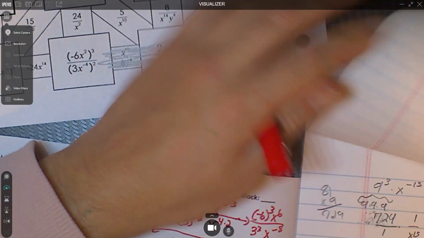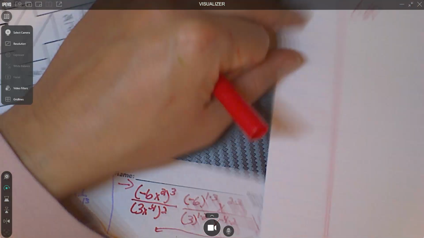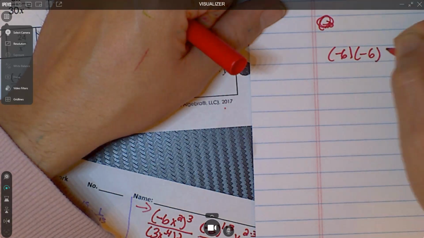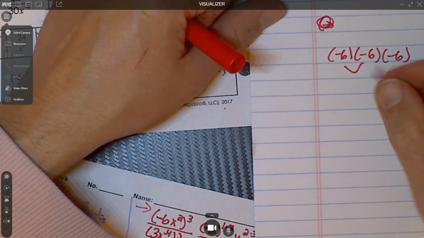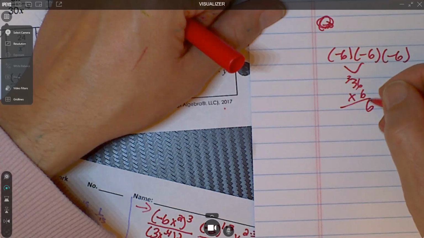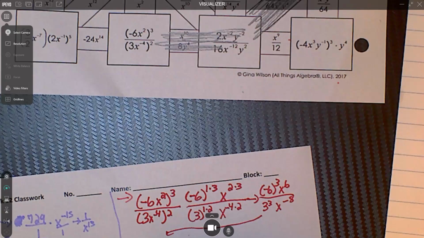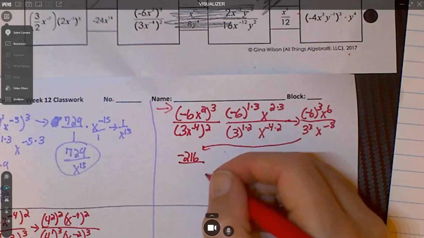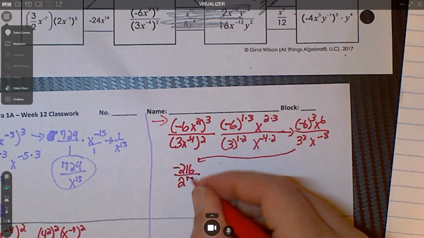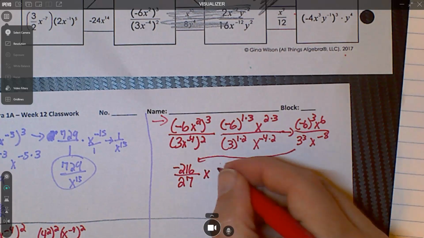Okay, -6. Okay, -6 times -6 times -6. That'd be 36 times 6. So -2/16. 3 to the 3rd is 27. X to the 6 minus -8.